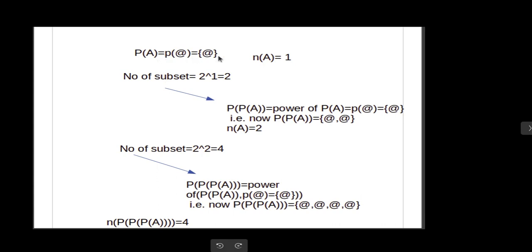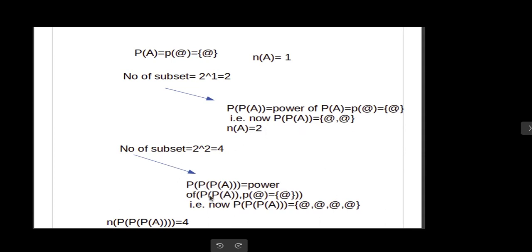See this, P(A) equal to P(phi) equal to {phi}. One element phi means the cardinal number of A is 1, and the number of subsets equals 2. Now P(P(A)) equal to the power set of P(A), which is {phi, {phi}}. The number of elements contained is 2, so the number of subsets becomes 4.